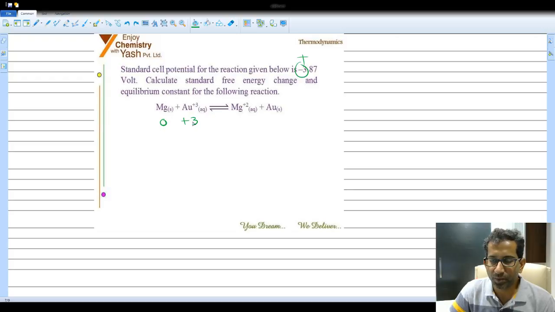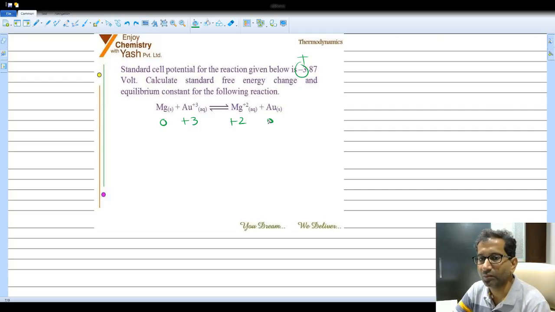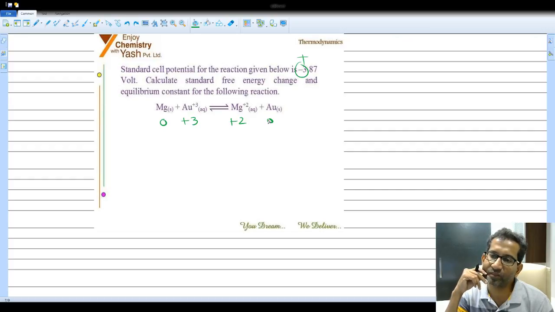Mg is 0, Au is plus 3, Mg is plus 2, and Au is 0. So magnesium undergoes oxidation at anode and Au plus 3 undergoes reduction at cathode.